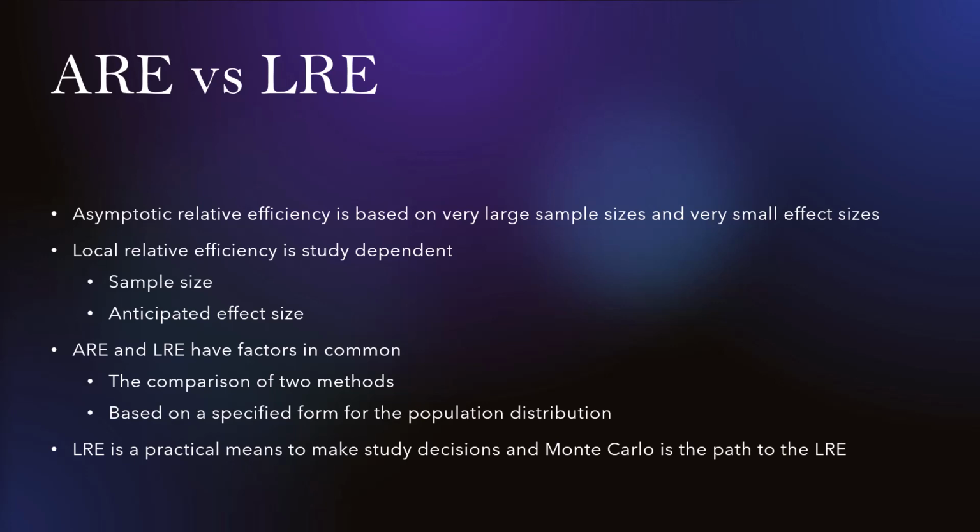Now, even though we may use mathematical distributions to calculate our local relative efficiencies, and maybe our underlying population distribution doesn't adhere to a mathematical form, we can look at the properties of a mathematical distribution.